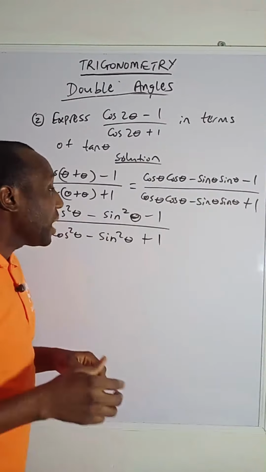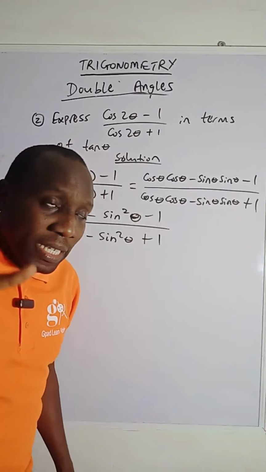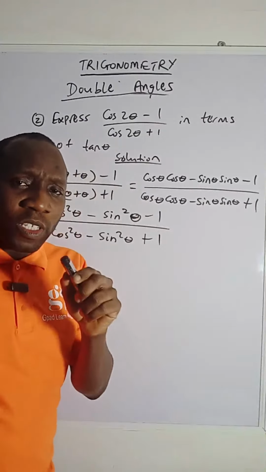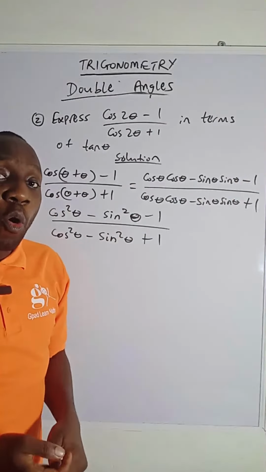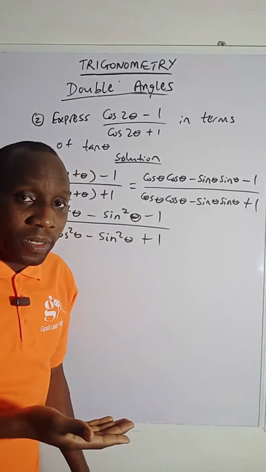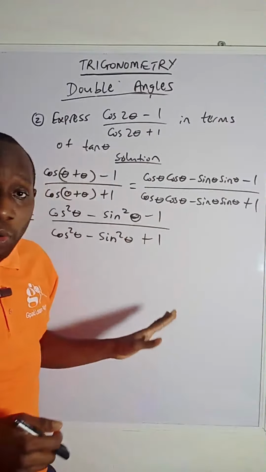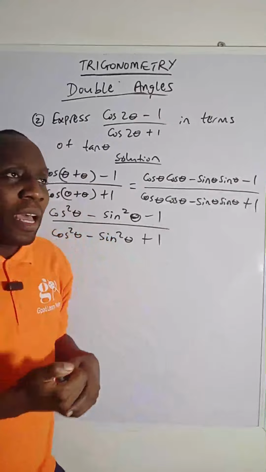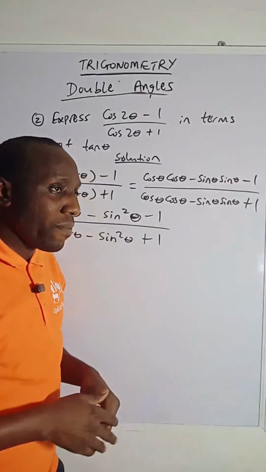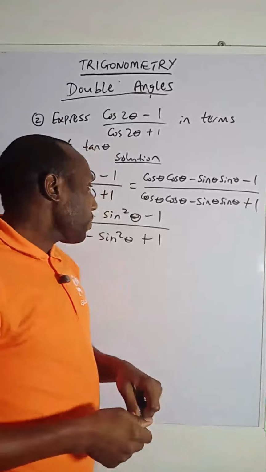Now remember, they said we should leave our answer in terms of tan theta. It means that we must try as much as possible to leave sine in the numerator and cos in the denominator. Because if we have to express our answer in terms of tan and you have sine and cos, try as much as possible to make sure your sine is in the numerator and cos in the denominator. If you have that, it will be easy for you to express your answer in terms of tan theta.